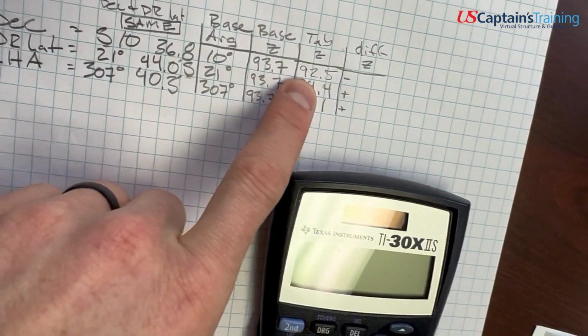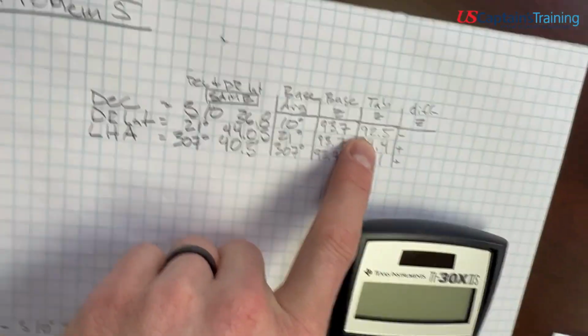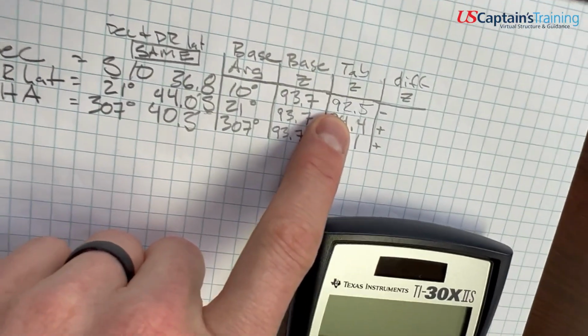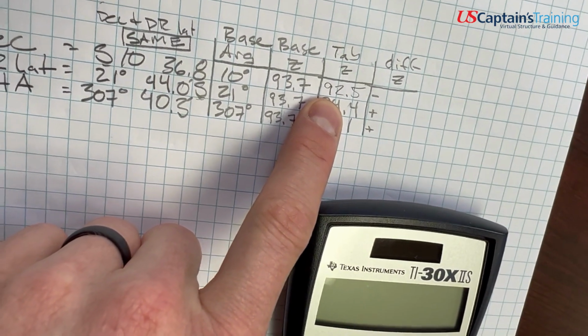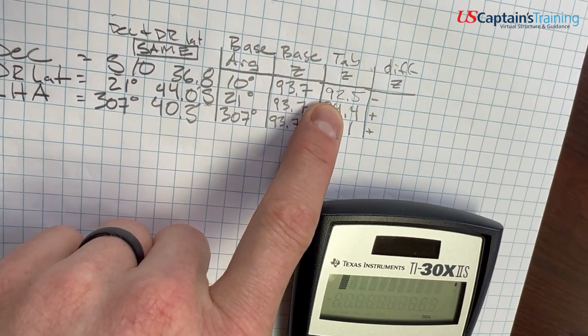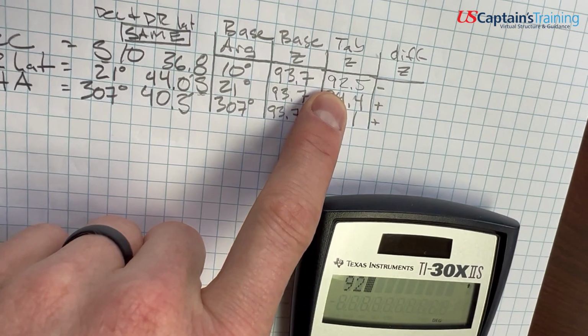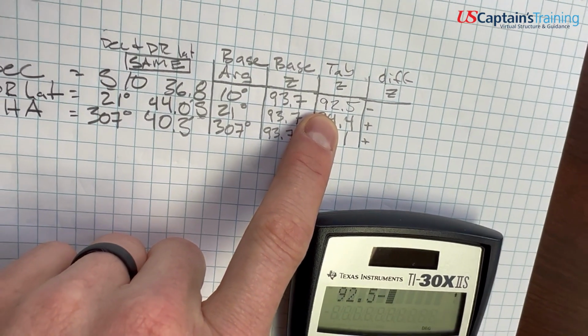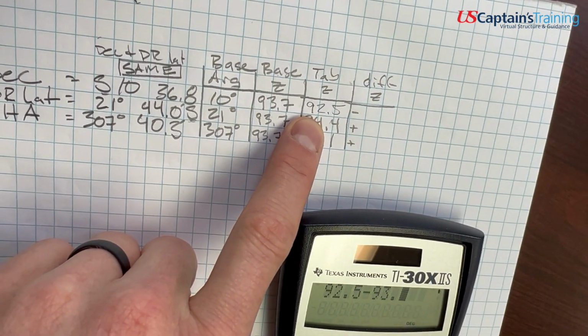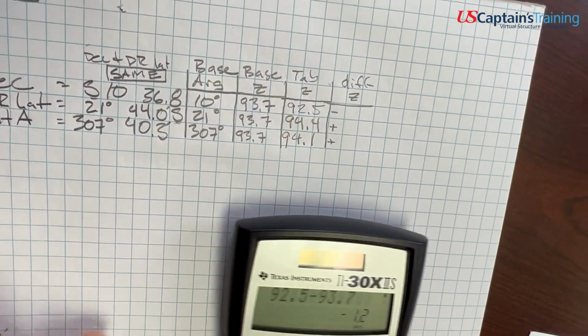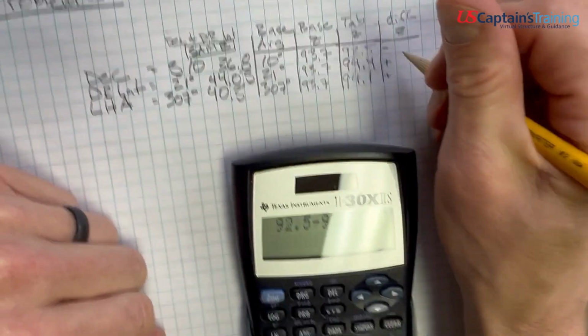So 92.5 minus 93.7. Ha, my calculator's not on. That's funny. 92.5 minus 93.7 equals minus 1.2.